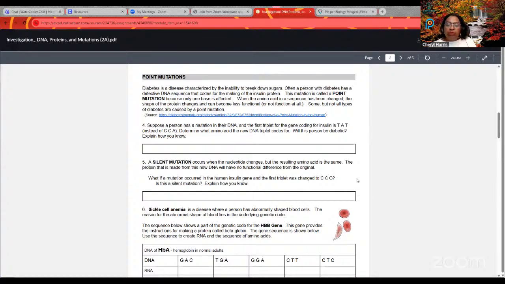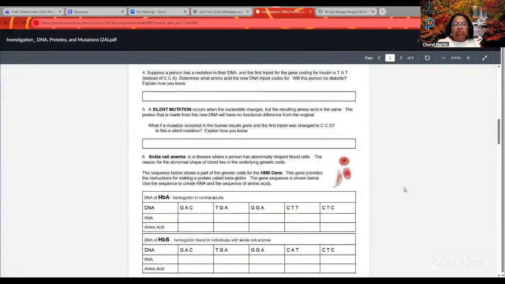On a silent mutation, if we look at the chart again and notice that there are 3, sometimes 4 ways to get the same amino acid. And if we change it in that way and get the same amino acid, there's no change in the expression of the protein. So therefore, the mutation is silent. Okay? Which is not the case in diabetes.